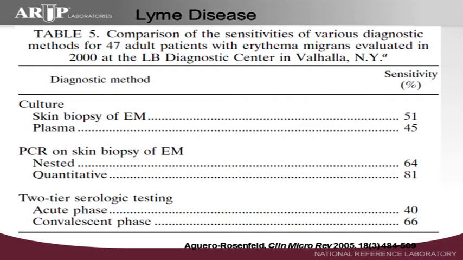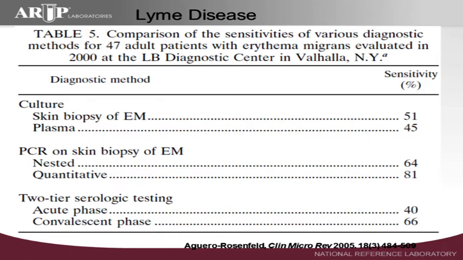So here's some proof of why we do two-tier testing. This is the culture, and like I said, culture, PCR on skin biopsies, you have a very limited, narrow time to get a positive result. However, the two-tier testing in serology, antibodies can last years and decades and maybe even a lifetime. So being able to test for antibodies is really advantageous over that, even though you kind of get an 81% sensitivity.